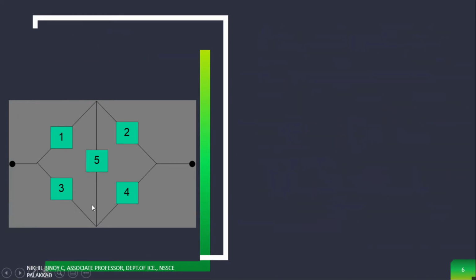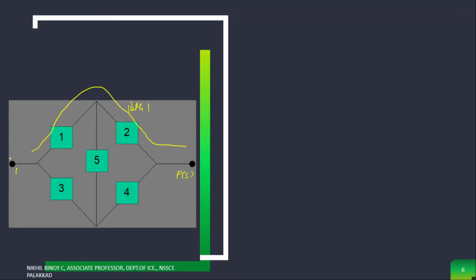First method is to draw paths. I told you this is 1, this is P of S. We are calculating the probability of survival from this point to this point. So please note, this system will survive if this path survives. So this is path 1.